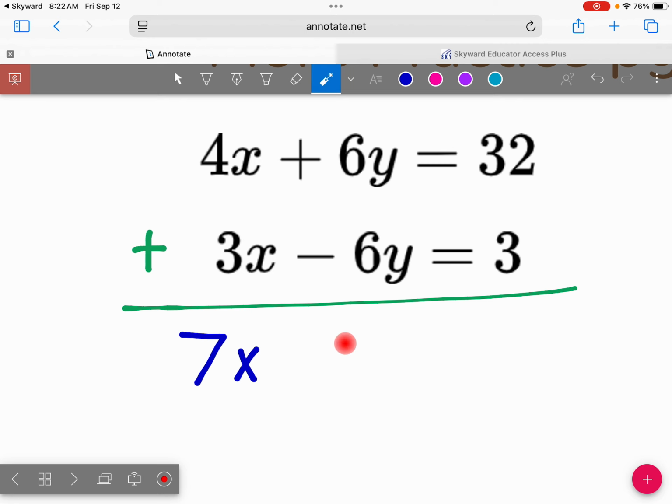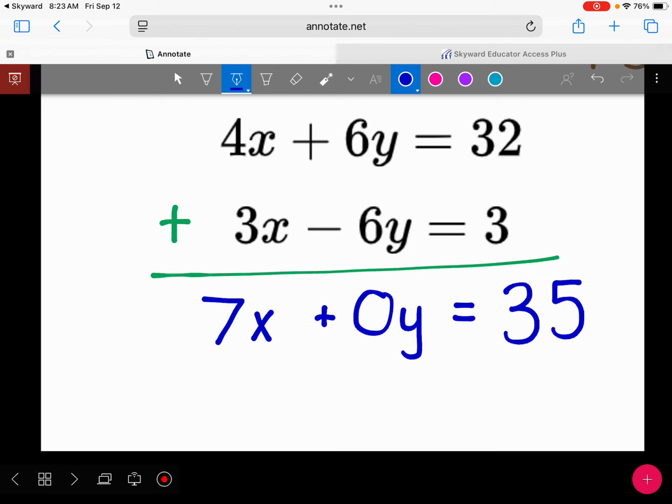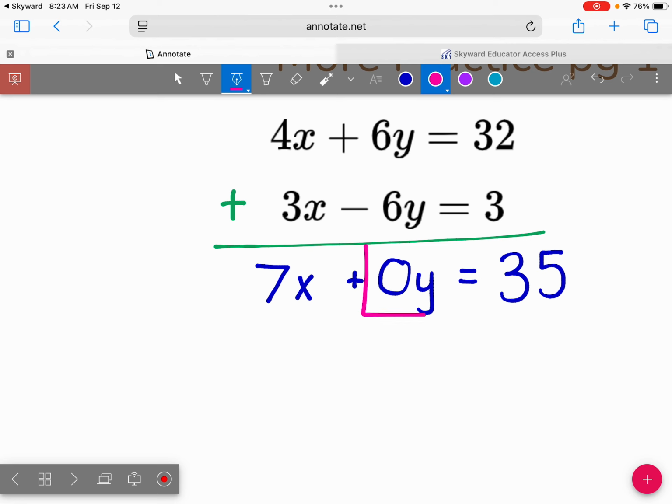What is our next column? 6y plus negative 6y. 0 y's. So we have none y's. Again, I owe you $6, I pay you $6, they go away. And then we have our 32 plus 3, which is 35.